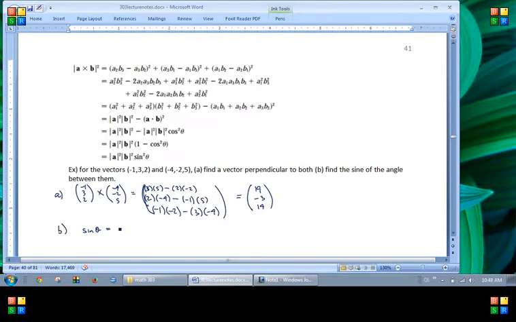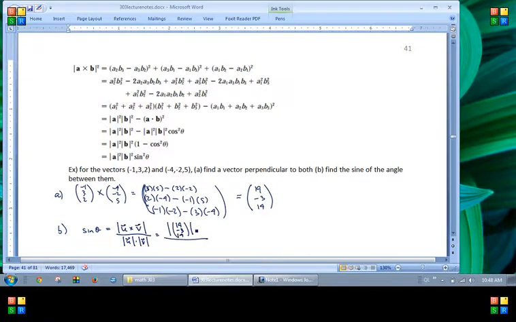So sine theta is just this divided by this. So now let's work that out. We know u cross v, so we're going to need the magnitude of 19, negative 3, 14.